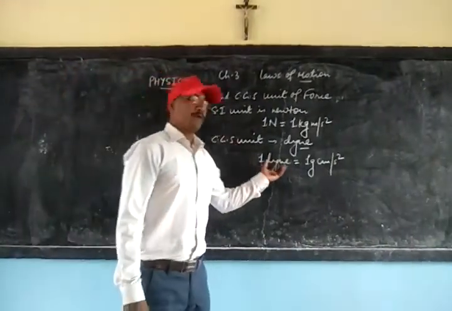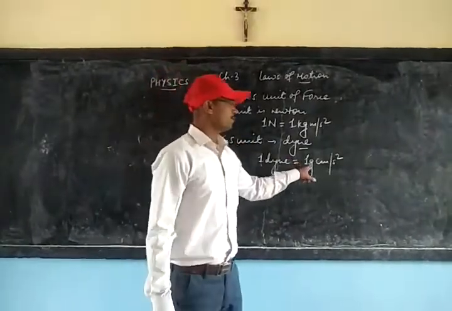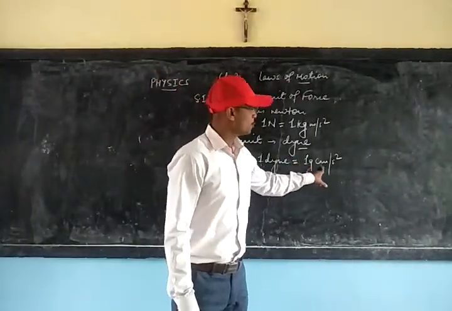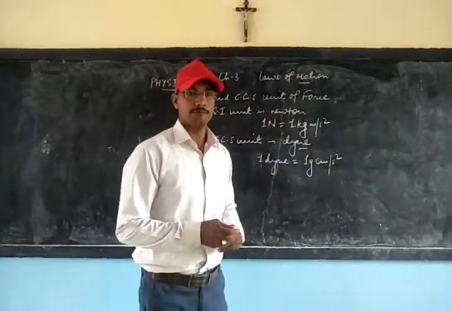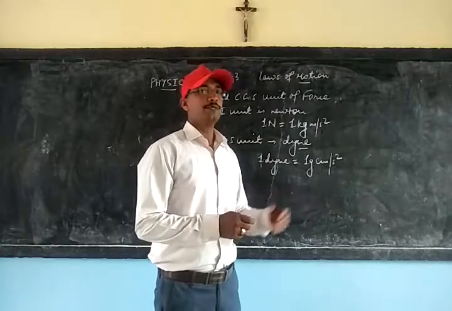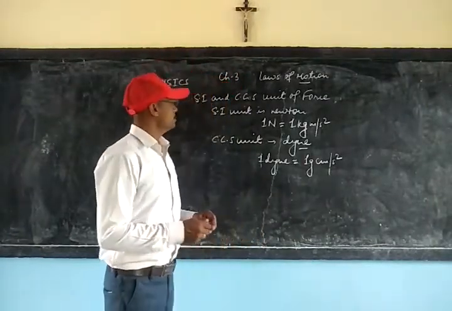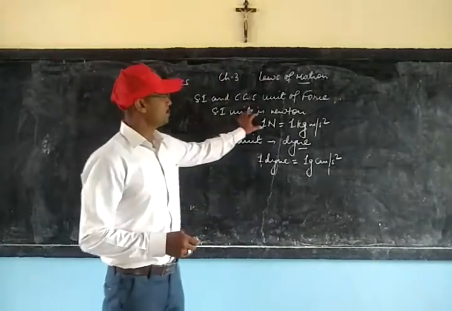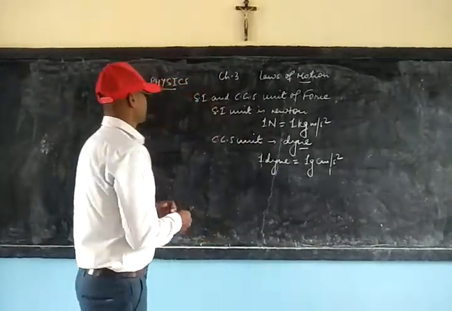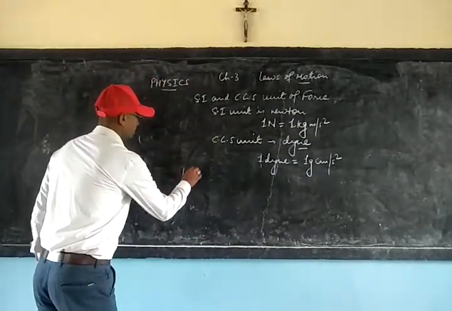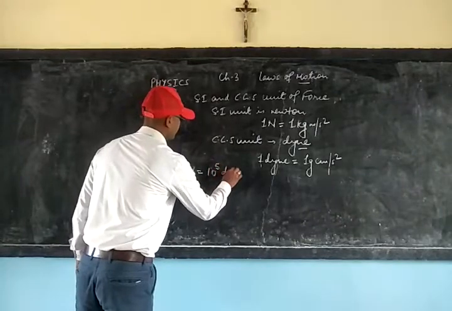So we can define 1 dyne as the force which, when acting on a body of mass 1 gram, produces an acceleration of 1 centimeter per second square. This will be the definition of 1 dyne. Now let us see the relationship between Newton and dyne. 1 Newton is equal to 10 to the power 5 dyne.